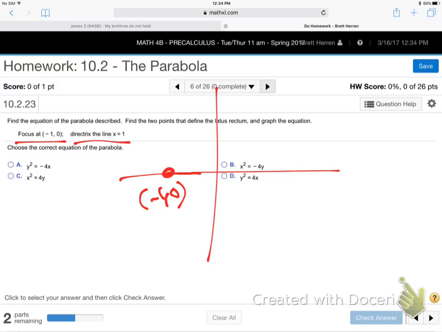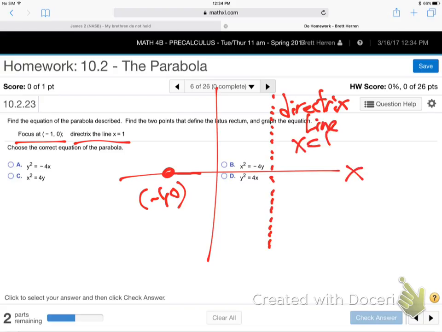Directrix line. Now, what's the directrix line? Let me put it on there first, and then I'll tell you about it. Directrix line is like an asymptote line, kind of. It's hitting the x-axis at 1. This one's back 1, this is the focal point. The directrix line is a dotted line on the parabola graph, not because it's an asymptote line.